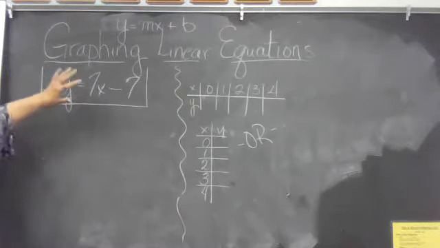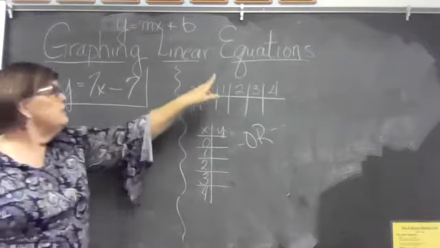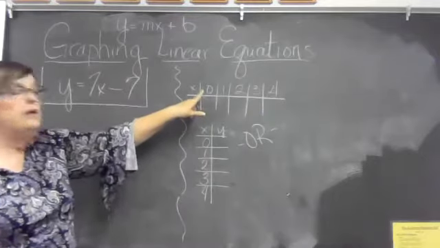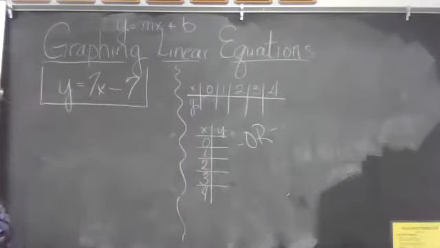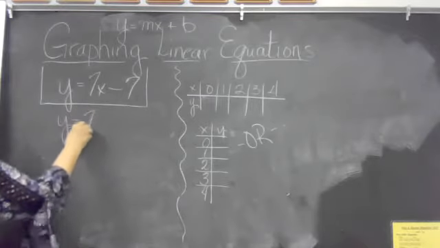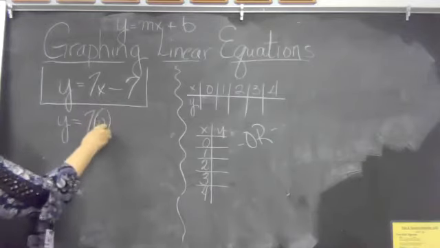So now we're going to solve this over and over again for the different x values. The first one is I want to plug a 0 into this equation. So I have y equals 7 times, and right now x is going to be 0.